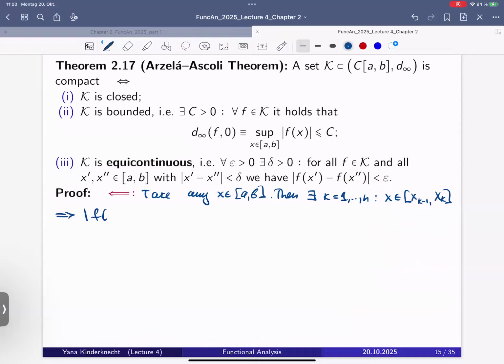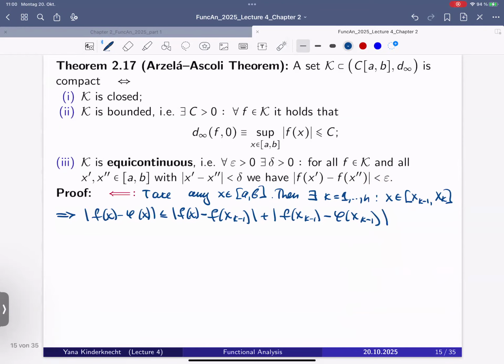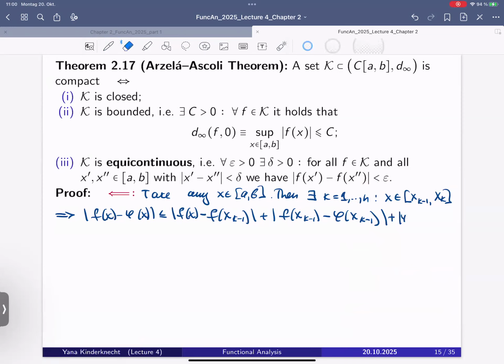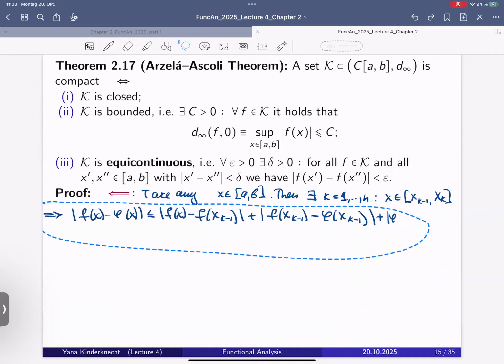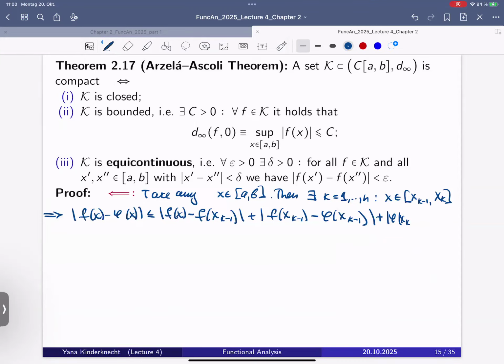What do we have then? |f(x) - phi(x)| is smaller or equal to |f(x) - f(x_{k-1})| plus |f(x_{k-1}) - phi(x_{k-1})| plus |phi(x_{k-1}) - phi(x)|. Due to equicontinuity, this is smaller than epsilon over 5. So this is smaller than epsilon over 5 plus epsilon over 5 plus 3 epsilon over 5.